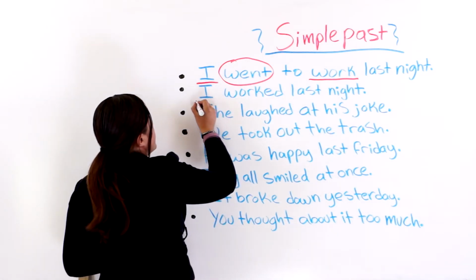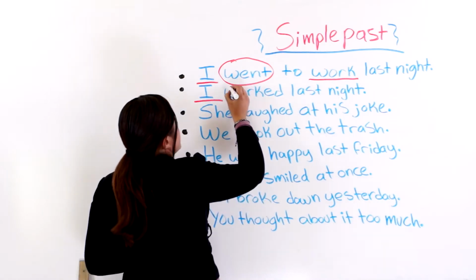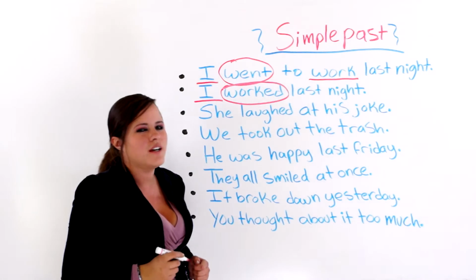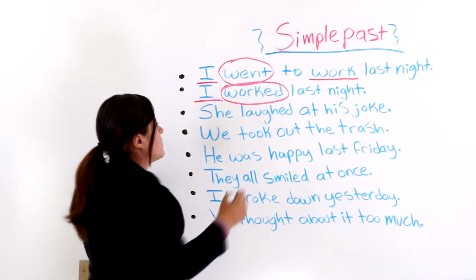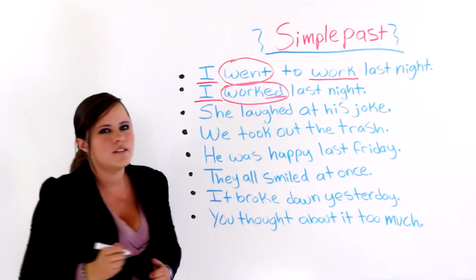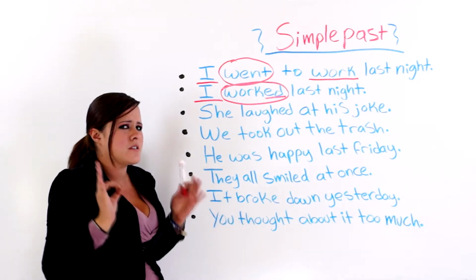This is another way to say what I wrote up here. As you can see, I have this one in simple past. Okay? I worked. It's a regular verb, so it has to end in ed. I worked last night. It says the same thing, the exact same thing, using different words.